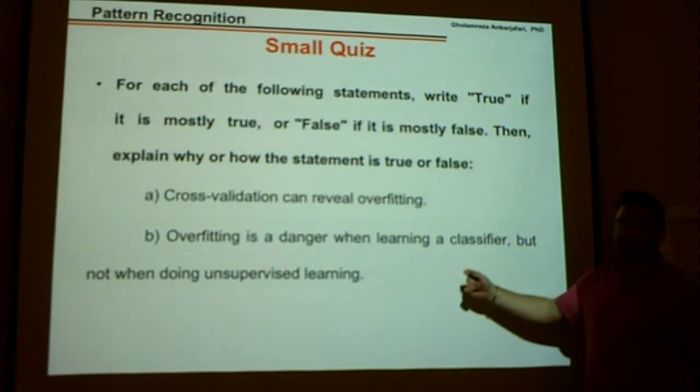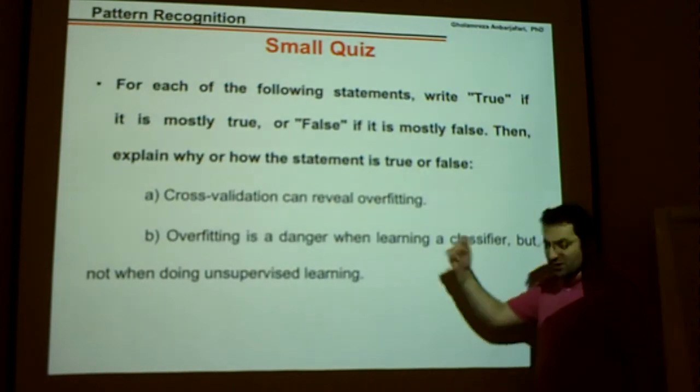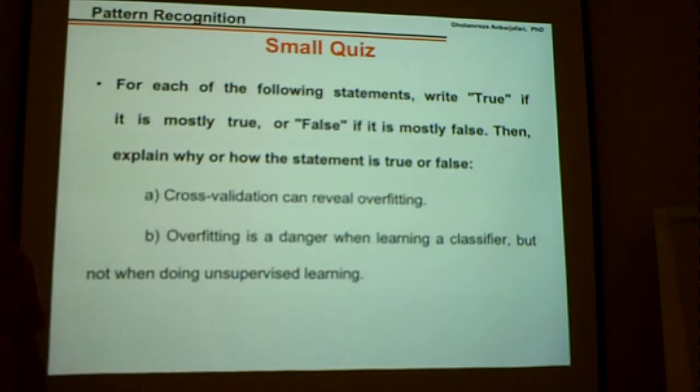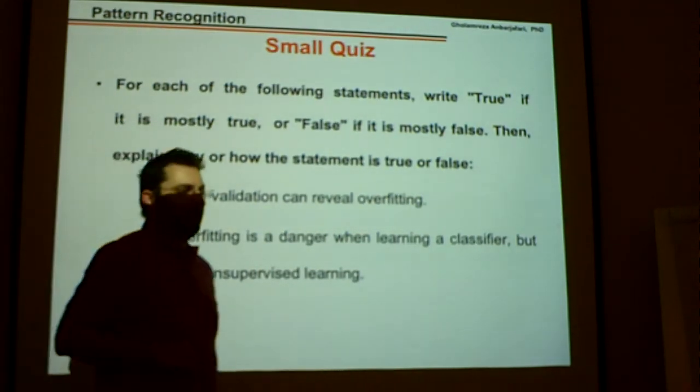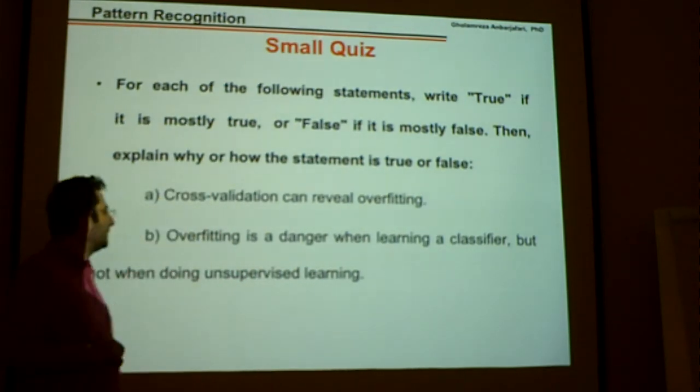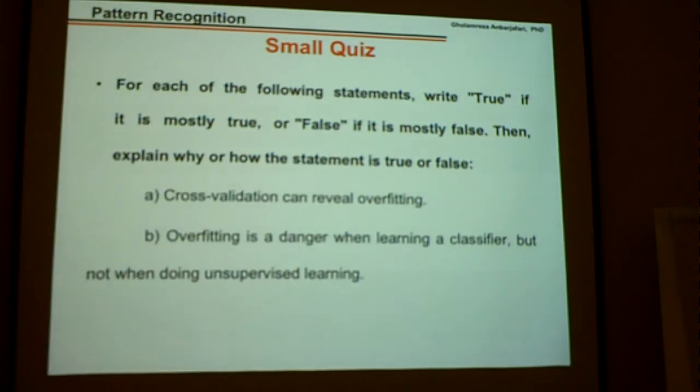So overfitting is a danger when we do classification, but we don't need to care about it when we are doing clustering. You think this is true? But maybe we have a redundancy. Where does the redundancy come from?